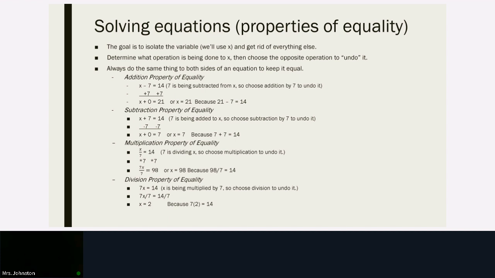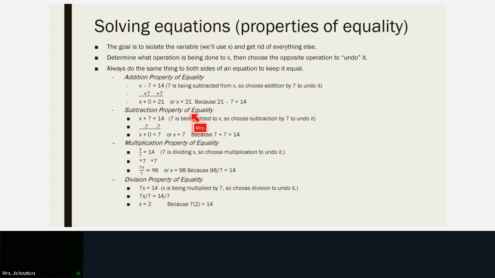Solving equations follows a specific step. The idea is that you're going to do the same thing to one side of an equation that you do to the other side. And the idea is to take steps so that you isolate one variable, usually x, to determine what the value of that variable is.